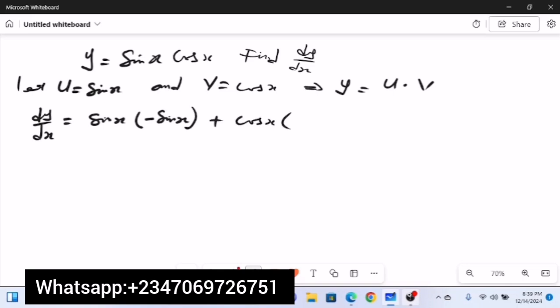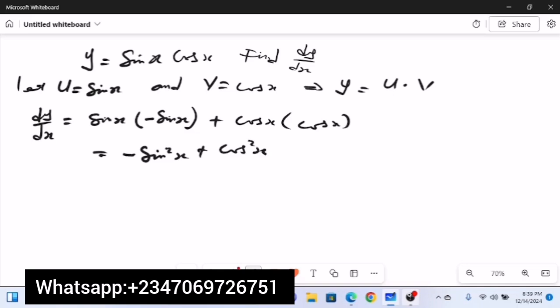Okay, plus, now you keep v, and v is cos x. Then you differentiate u with respect to x, and u is sine x. If I differentiate sine with respect to x, I will simply have what? Cos x, and you have this. So this simply implies sine x times minus sine x, that gives us minus sine squared x, plus cos x times cos x, that simply gives us what?